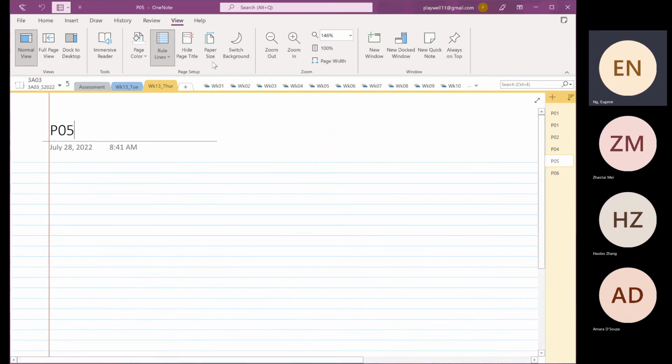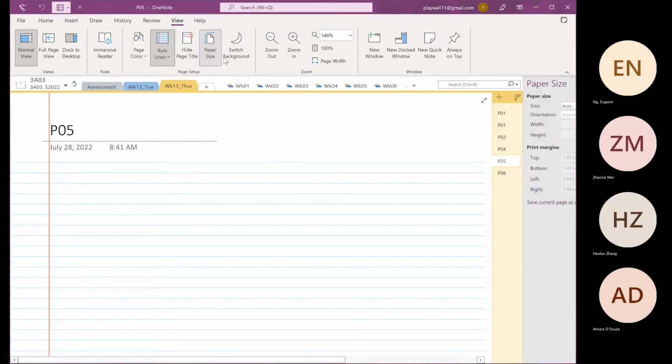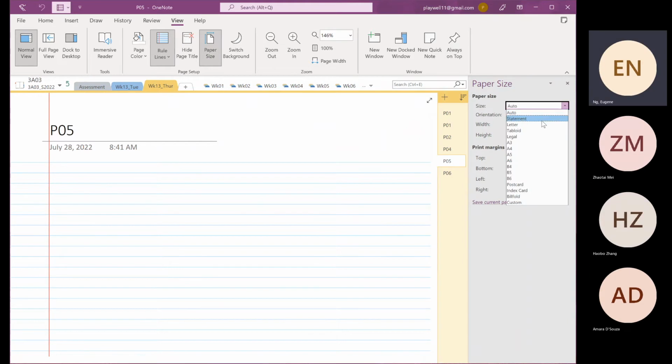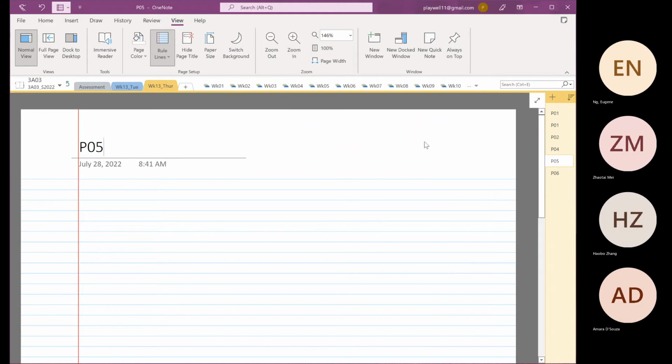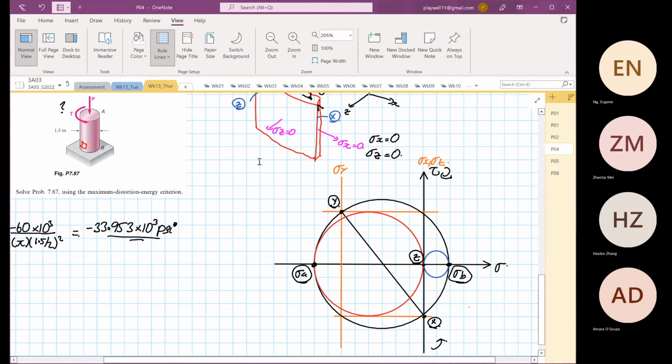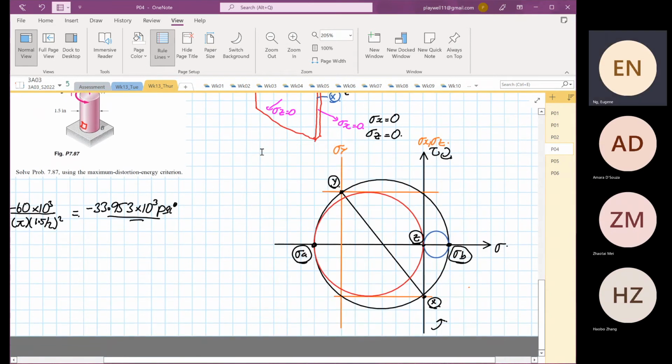Okay, let me get the size of my page correct first. Let me copy this whole diagram.